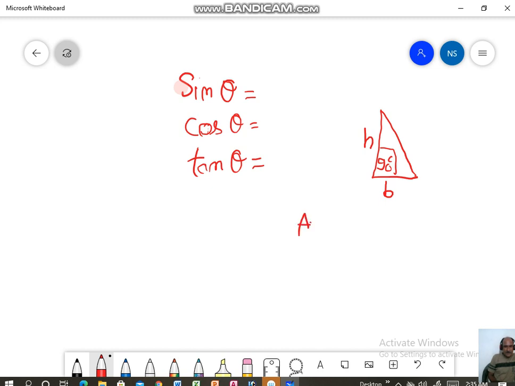Area of triangle equal to height into base upon 2.